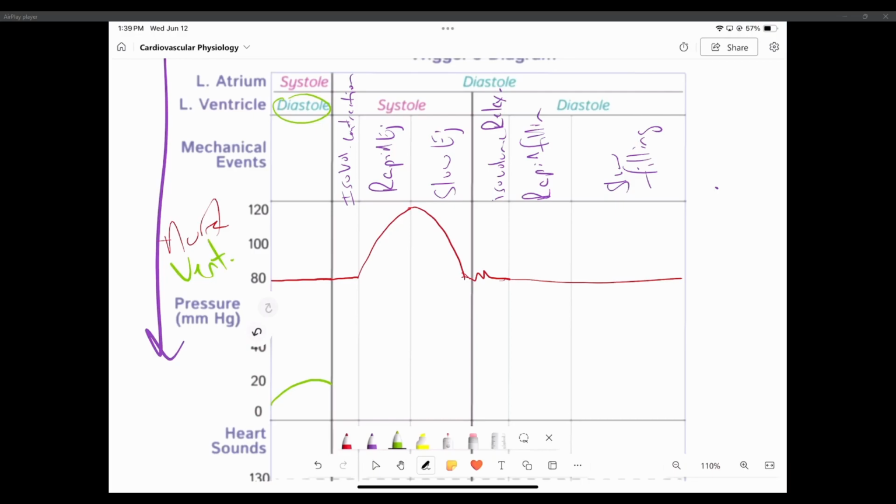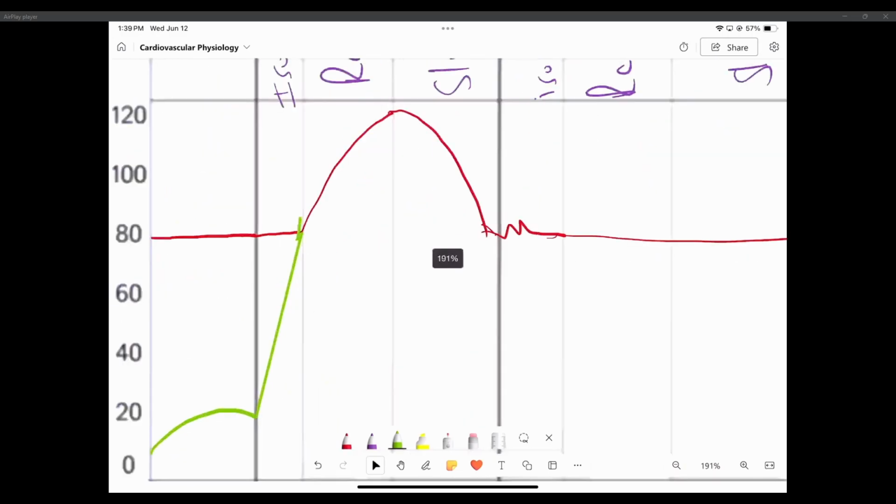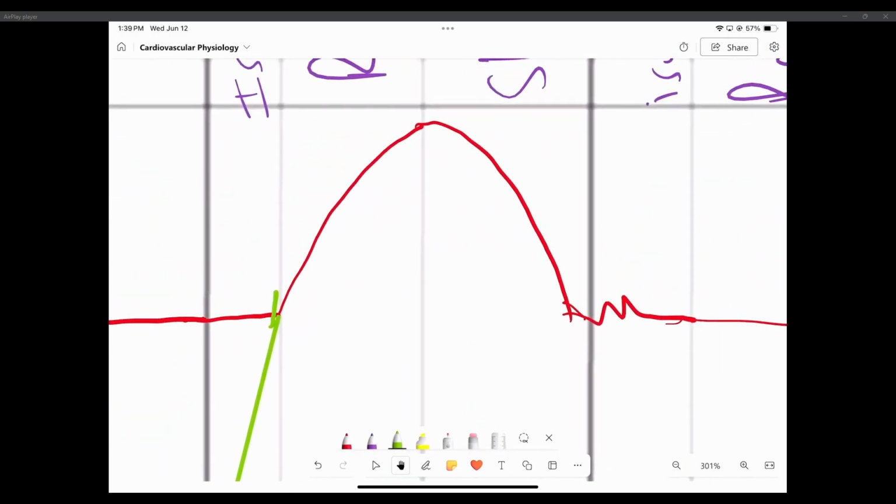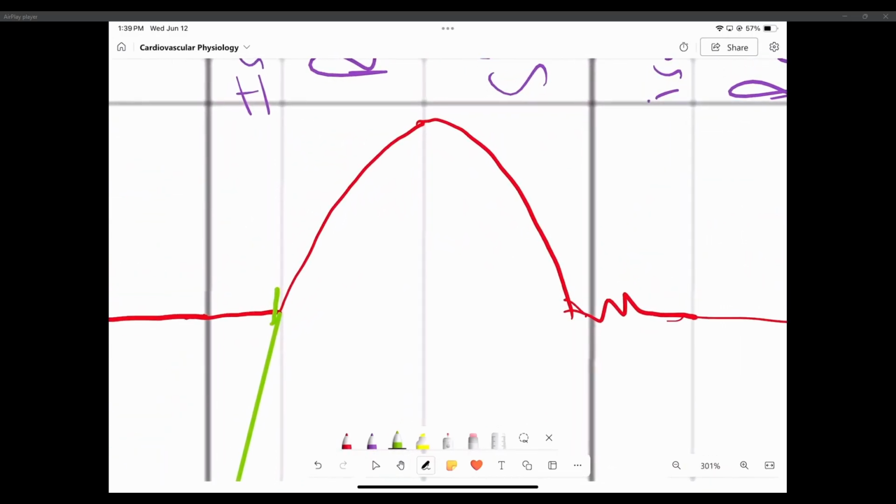So, this green is going to go up, up, up, up, up, just above the red line. You can see it. Just above that red line. Because right as we're above that red line, then we know we can open the aortic valve. And now we can have ejection of blood.